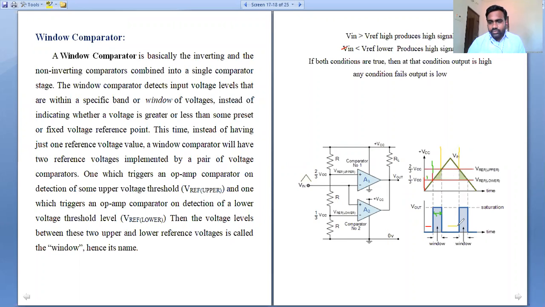That's why the output is low. One of the conditions is satisfied, but the second condition is failed. That's why the output is low.